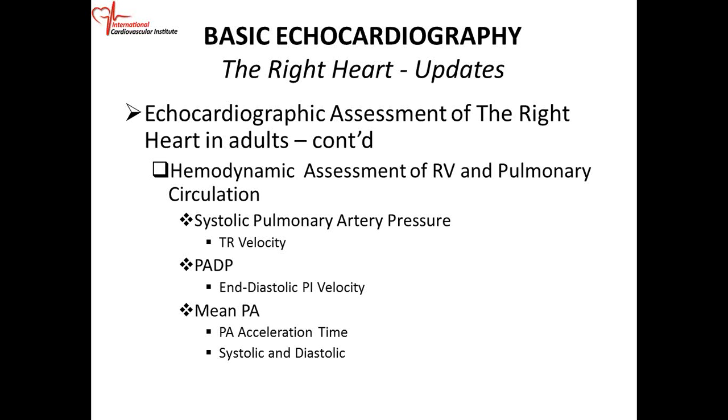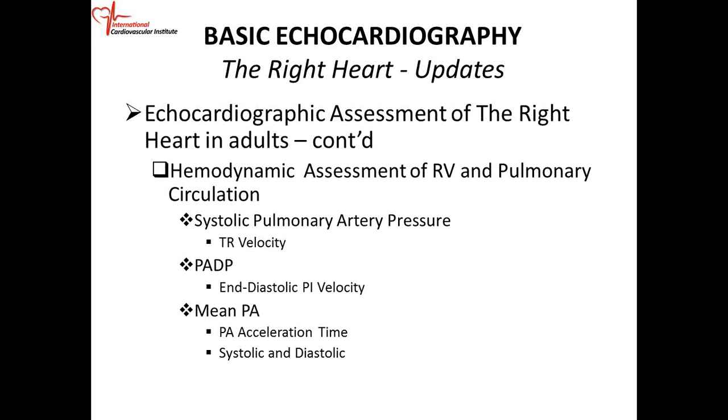We also went over the pulmonary artery diastolic pressure. Remember, the pulmonary artery has a systolic pressure and a diastolic pressure, just like your normal blood pressure. For the pulmonary artery diastolic pressure, you need to have PI, pulmonic insufficiency, and you use your end diastolic velocity. Remember, you have an early diastolic velocity and an end diastolic velocity.